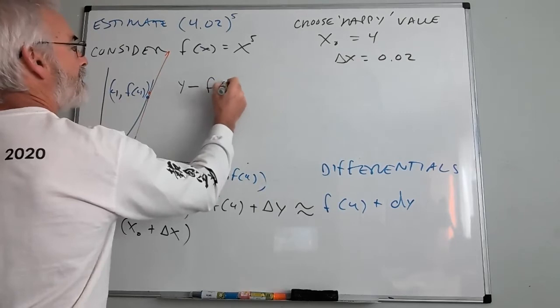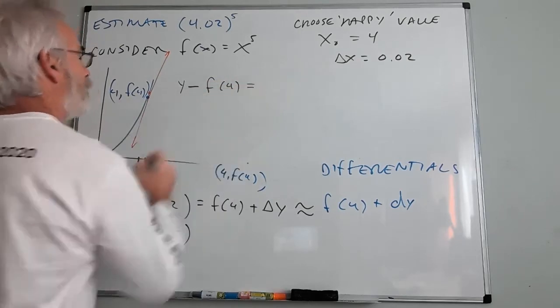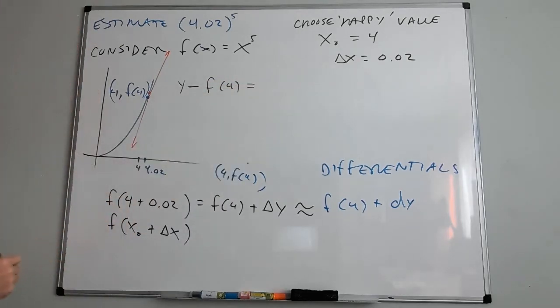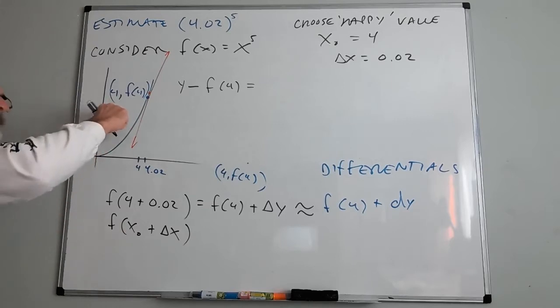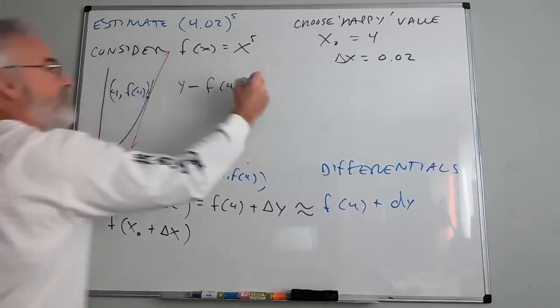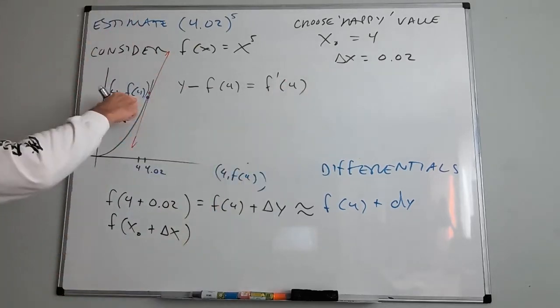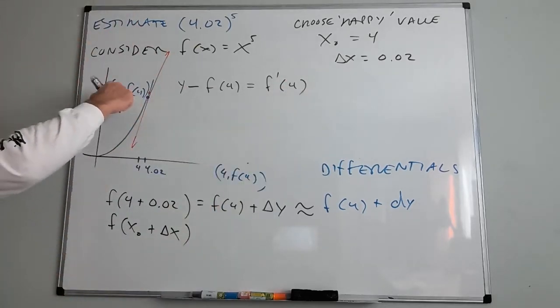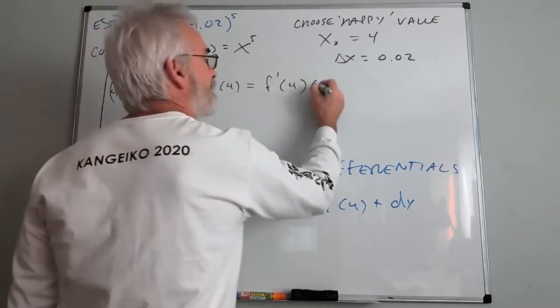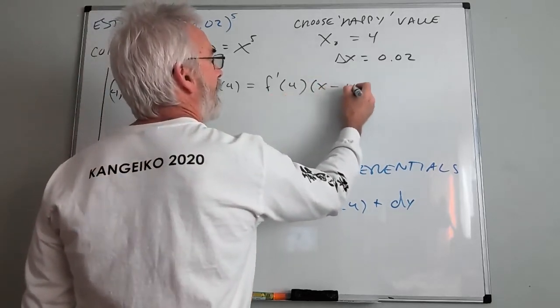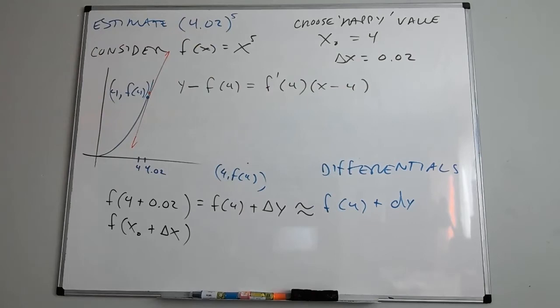So y minus the y coordinate equals the slope. Now, what would the slope be? That'd be the derivative of this function evaluated at 4, because I want the slope of the tangent line passing through this point, times x minus the x coordinate.